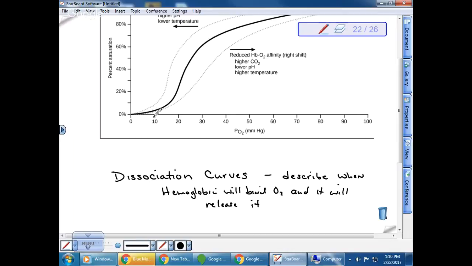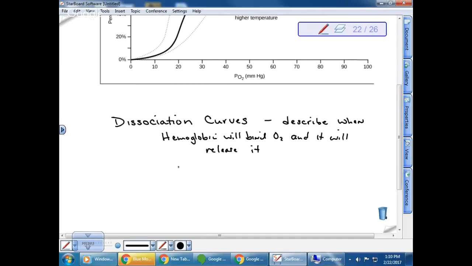So here you can see that it's very low. Here it would be high. And so you notice that hemoglobin will pick it up when PO2 is high, but when PO2 decreases, right, partial pressure is low, that means the oxygen is being used by metabolically active tissues and it's being removed. And so you see that there's a dramatic decrease in the saturation of hemoglobin. So you could write this as: as you decrease the partial pressure of oxygen, you will decrease saturation.